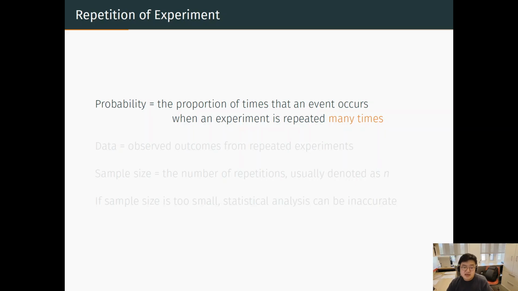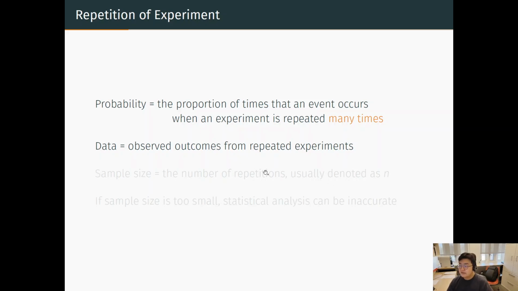But it makes sense. In many cases, our analysis is based on repeated observations. That's data. Data is the outcomes from the repeated experiments. So this is how we relate data to probability and statistics, right?